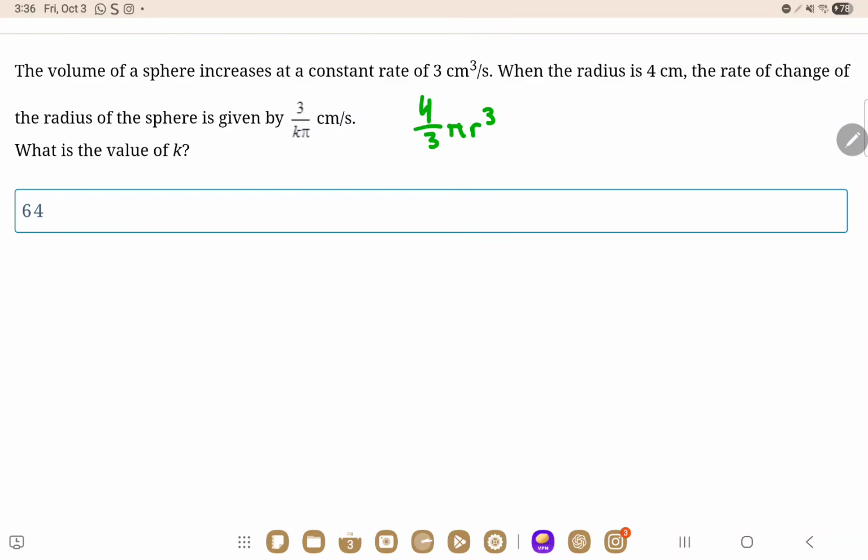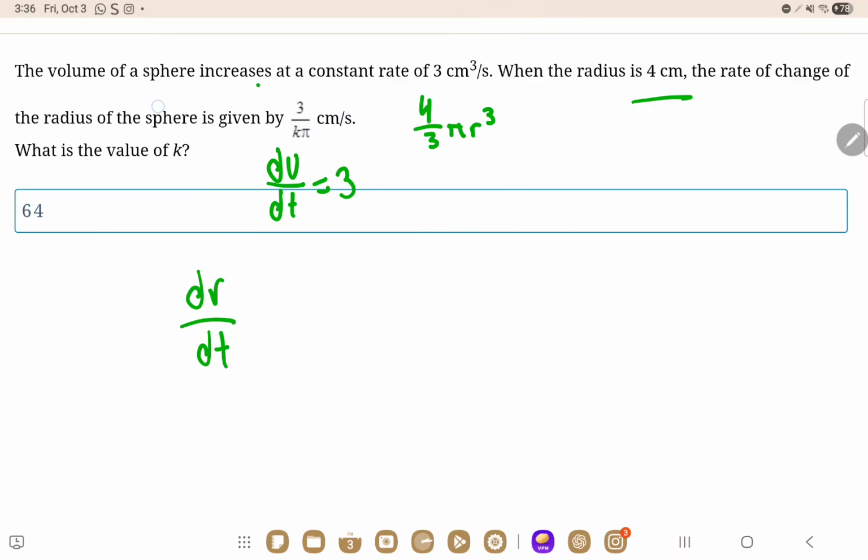Increases, so dv by dt is equal to 3 centimeter cubed per second. When the radius is 4, they want the rate of change of the radius of the sphere. So what do they want? The rate of change of the radius of the sphere, so dr by dt.